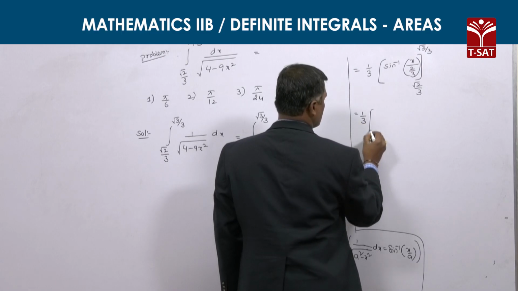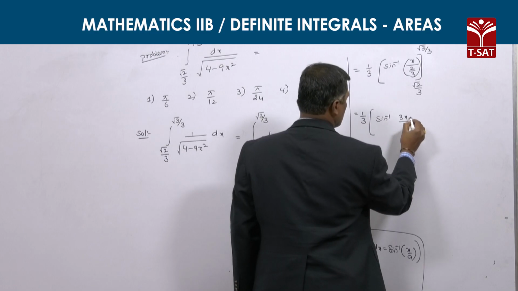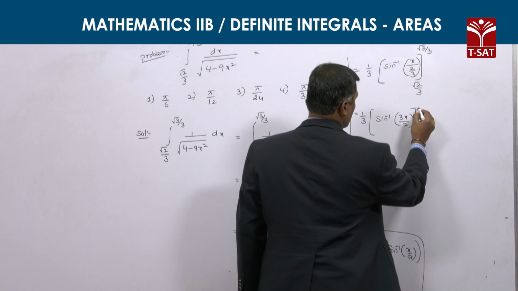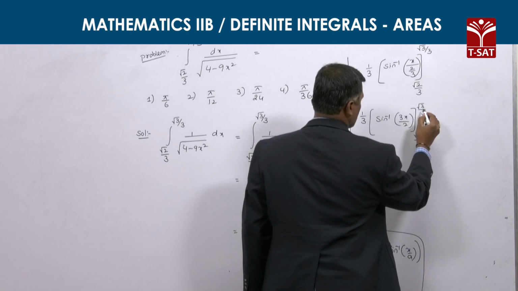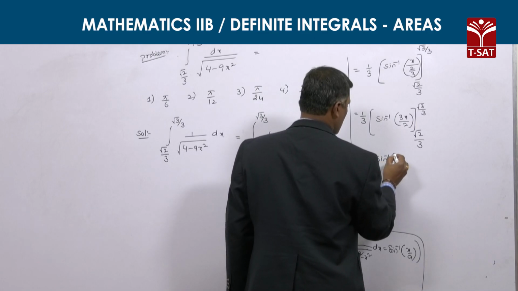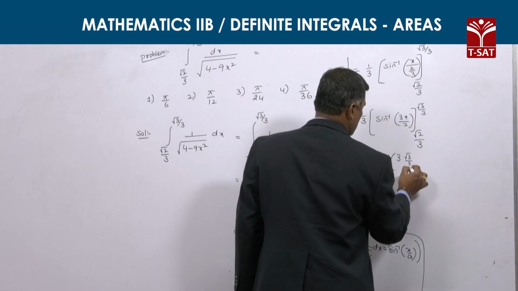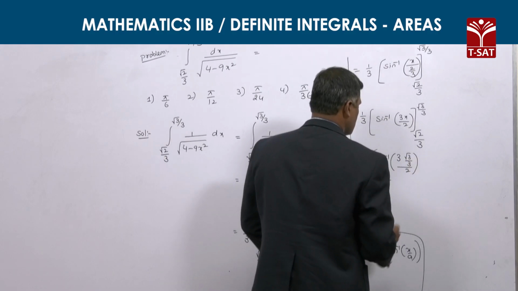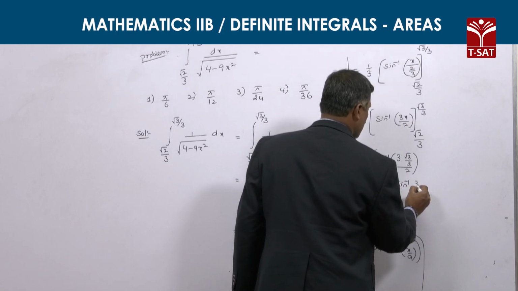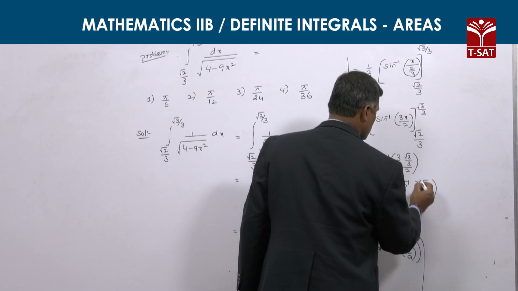1 by 3 into sin inverse of 3x by 2, from root 2 by 3 to root 3 by 3. That equals 1 by 3 into sin inverse of the upper limit, 3 into root 3 by 3 by 2, minus sin inverse of the lower limit, 3 into root 2 by 3 divided by 2.